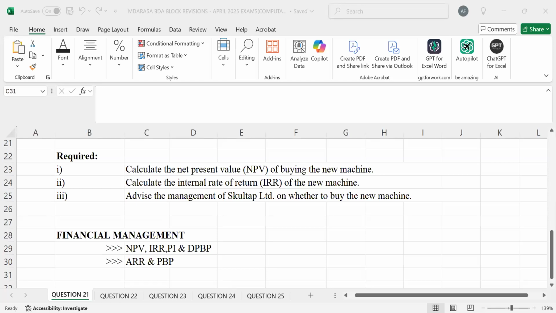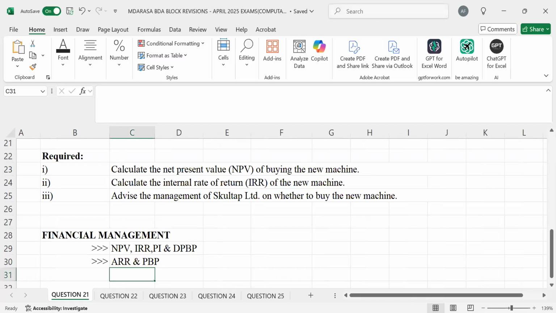And that's why it's always very easy for us to know the areas that might be tested. So long as you're perfect on all these areas, then there's no question that you cannot handle when it comes to financial management and business data analytics.